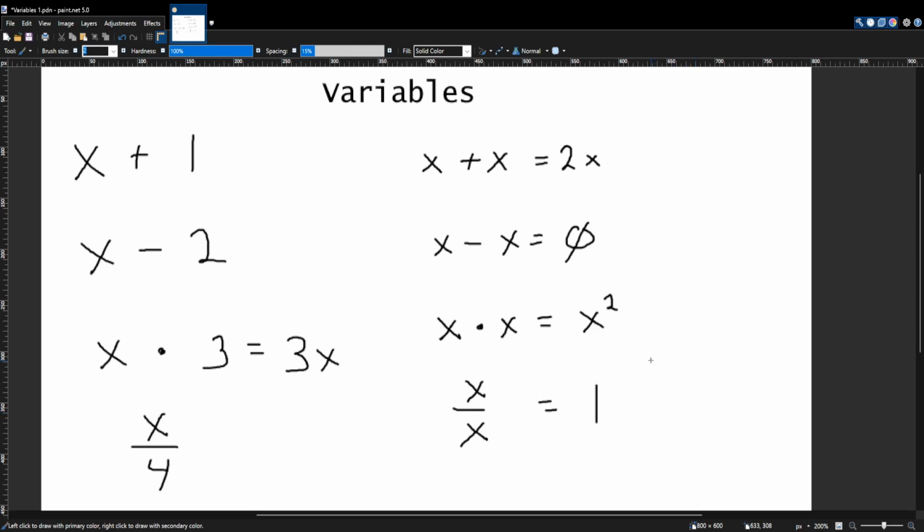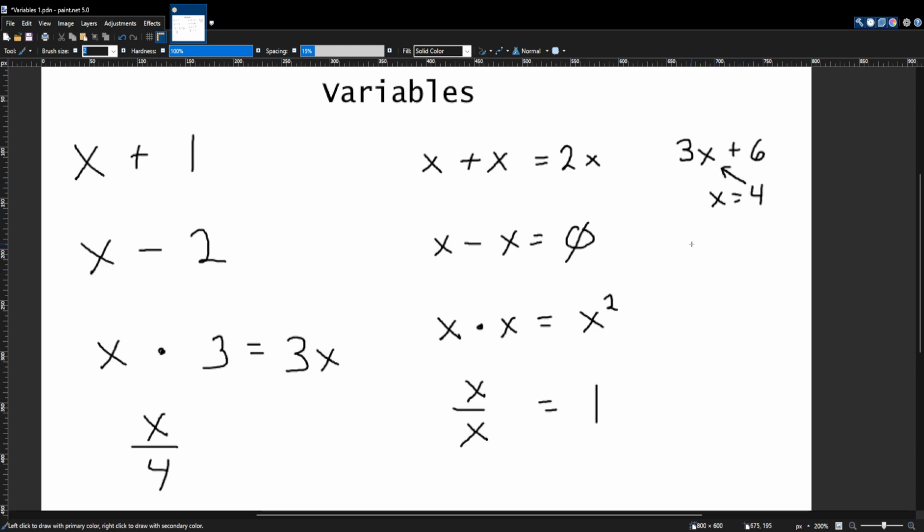So how do we evaluate these expressions? If I know what value I want to plug in for x, how do I evaluate this? Well, you just do the exact same operations you would if you had that number in place to begin with. Let's say I have the expression 3x plus 6. If I want to evaluate this for x is equal to 4, well then I just take this 4 and I plug it in for x.